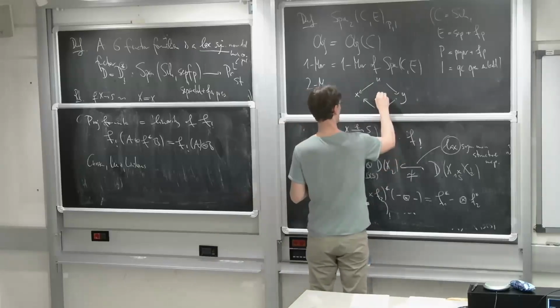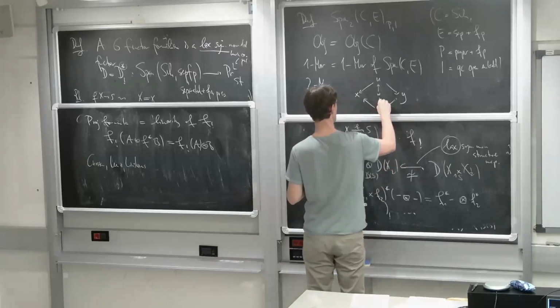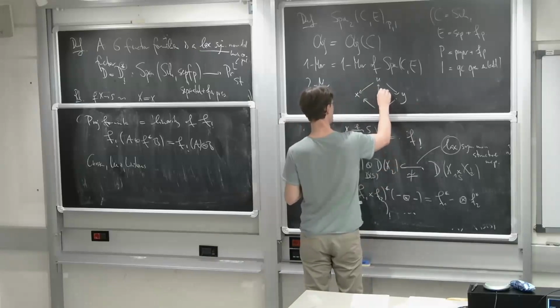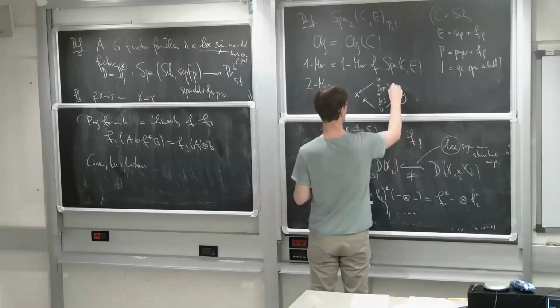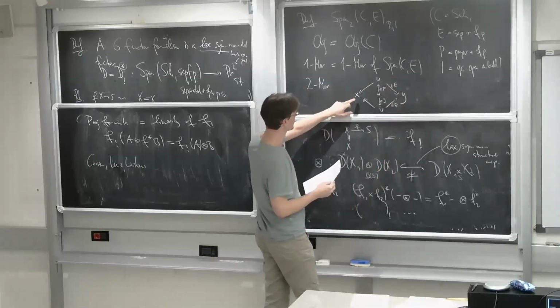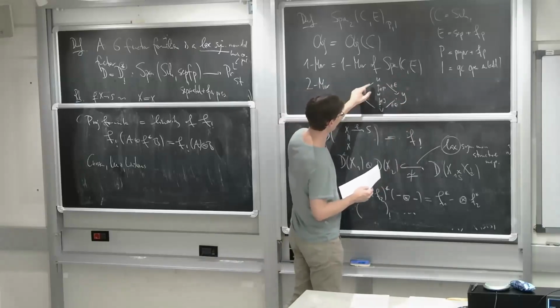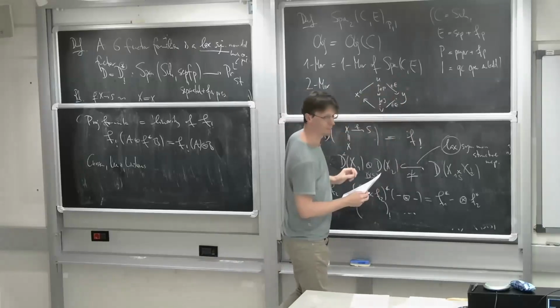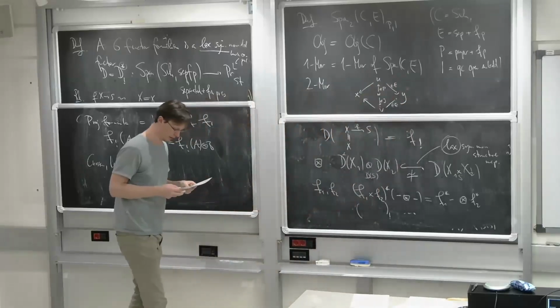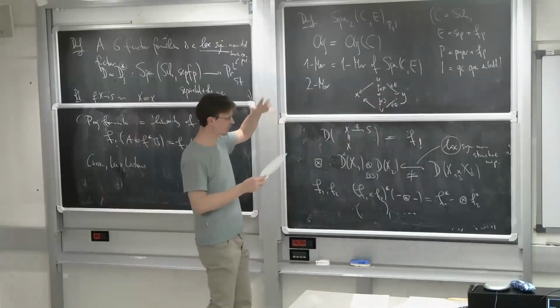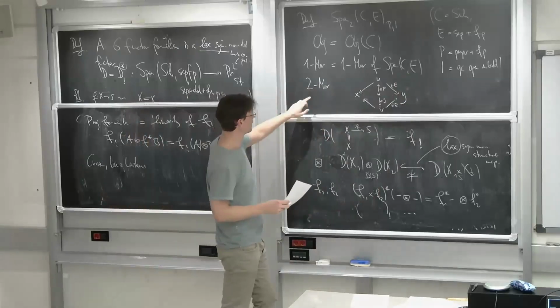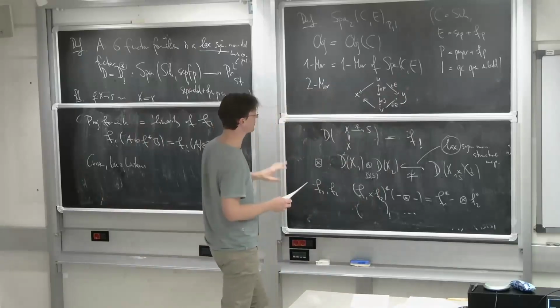And so what they do is they say it's diagrammed like this, where this is a map in P, this is a map in I, and these, like before, these are maps in E. Yeah? So this is by definition the two morphisms from this map to this map. Now of course this is a little bit wishy-washy here. You have to properly define this, but at the end that's what you get.